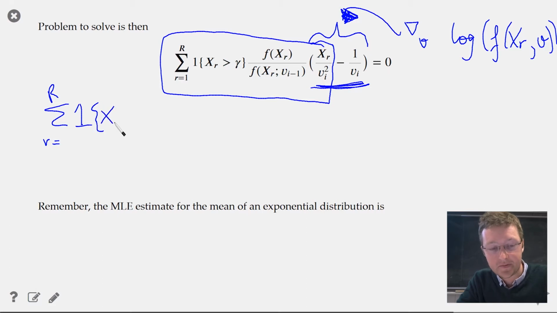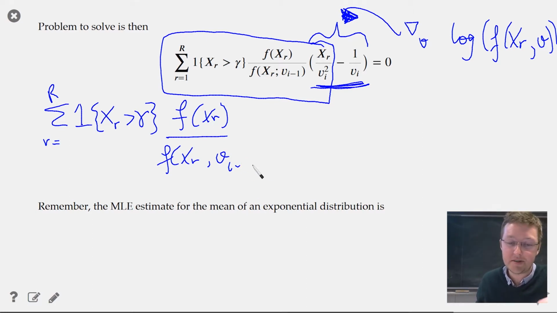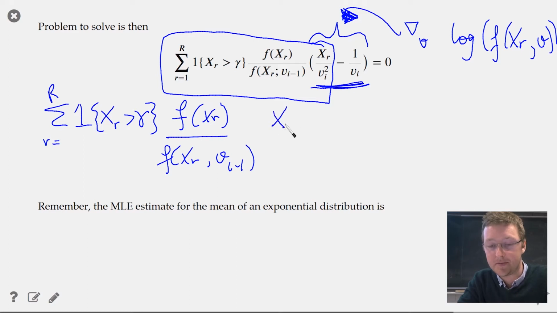So the sum of the indicators of the x_r's being greater than gamma, f(x_r) on f(x_r; v_{i-1}), the previous proposal, multiplied by x_r, and I'll bring this 1 on v squared to the front. Sorry, 1 on v_i squared.